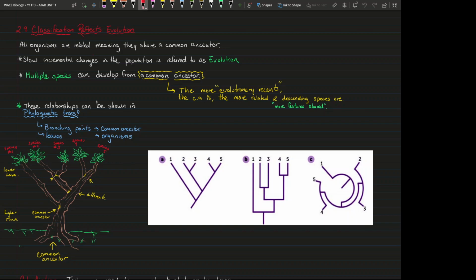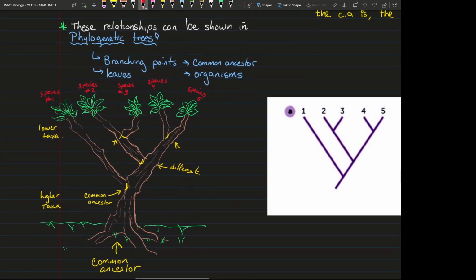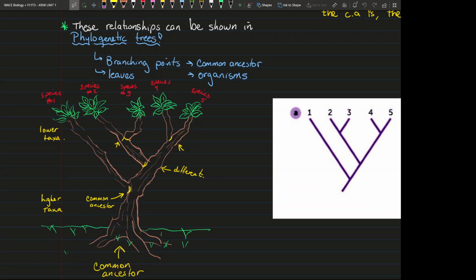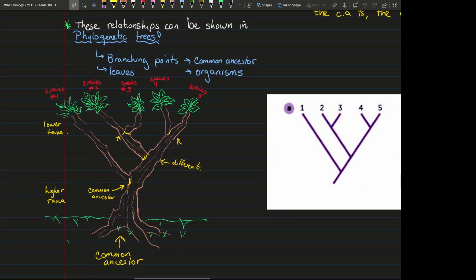So that idea of these relationships, and having species that share features, can be shown in little phylogenetic trees, right? And I drew this kind of analogy of this little tree here. Phylogenetic trees are represented here by this tree. This is an actual plant tree, but a phylogenetic tree is shown as these little branching diagrams, right?